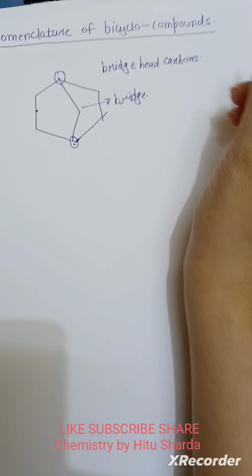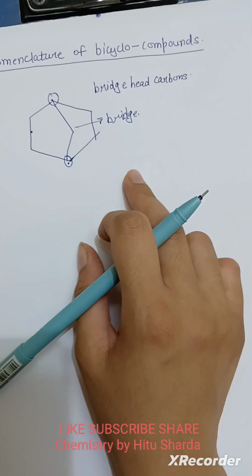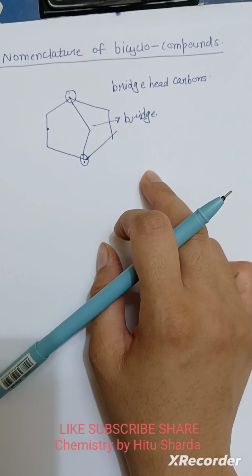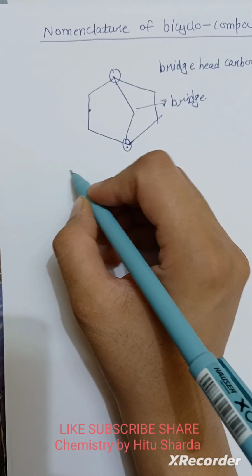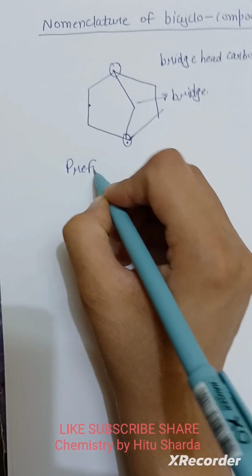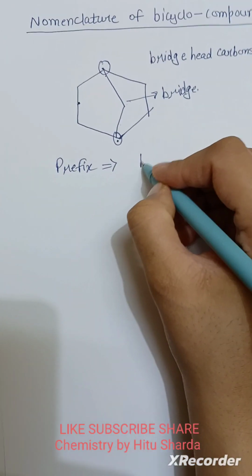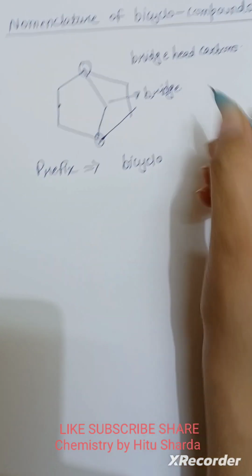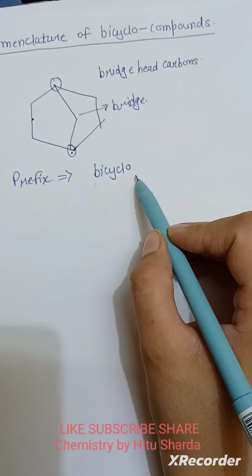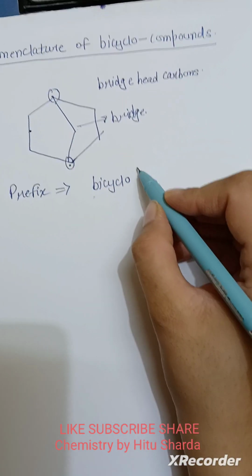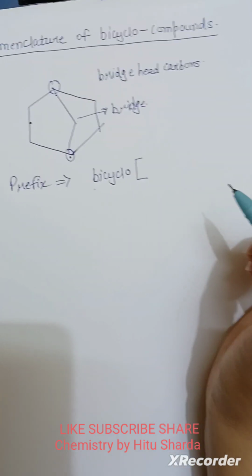Alright, now what is the basic rule for naming the bicyclo compound? We have to use a prefix, which is bicyclo, and then add a square bracket.